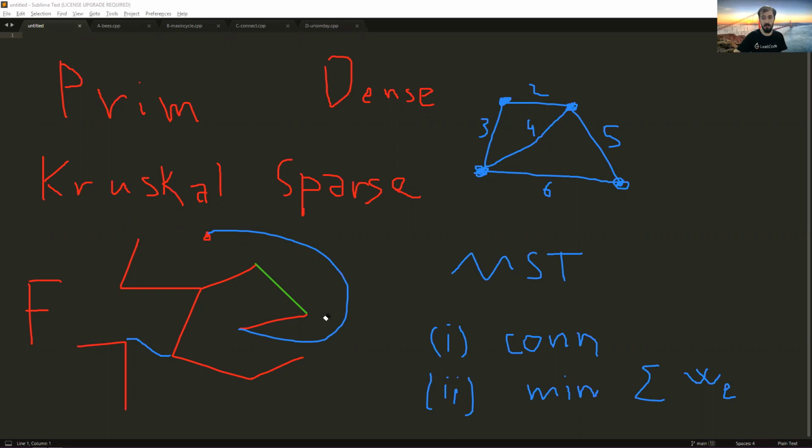It will improve MST because green edge is processed before all blue edges and is therefore of smaller weight. So all blue edges are heavier than the green one. So it obviously makes this graph worse than this graph. We removed a blue edge and we added the green edge.